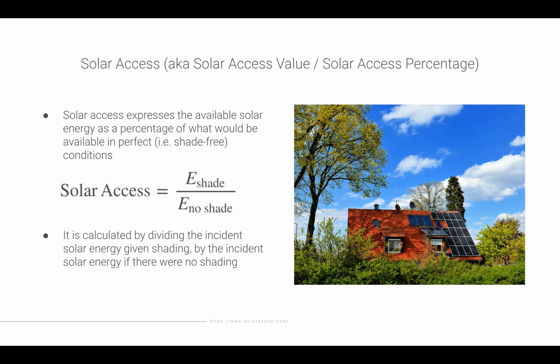Solar access is calculated by dividing the actual solar energy present given shading at the site by the incident solar energy if there was no shade. This is a handy metric as it provides an easy way to understand how significant shade is in reducing the available solar energy.